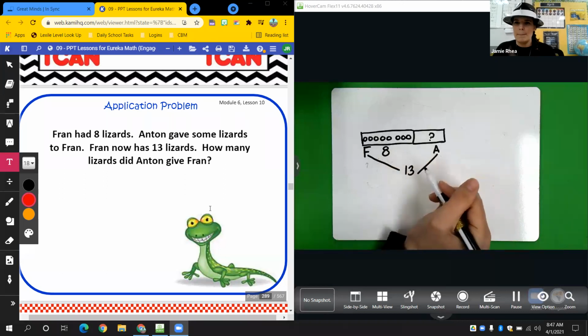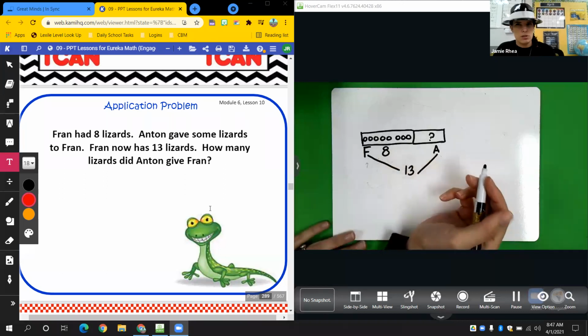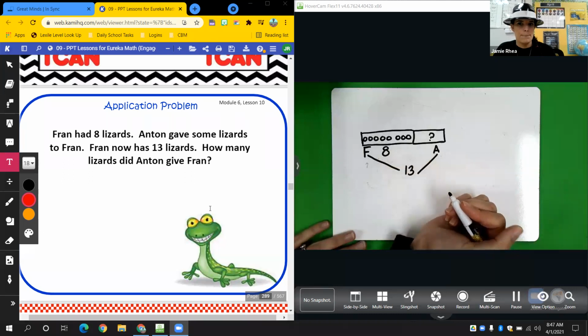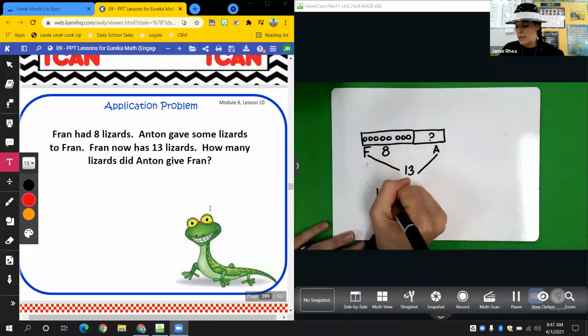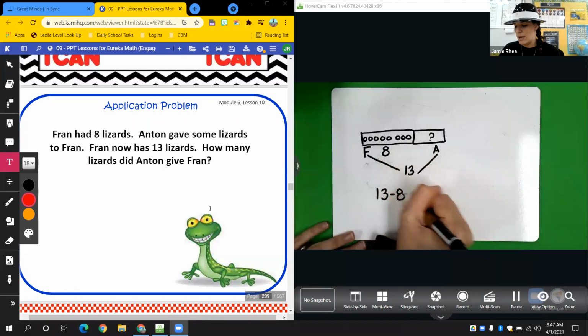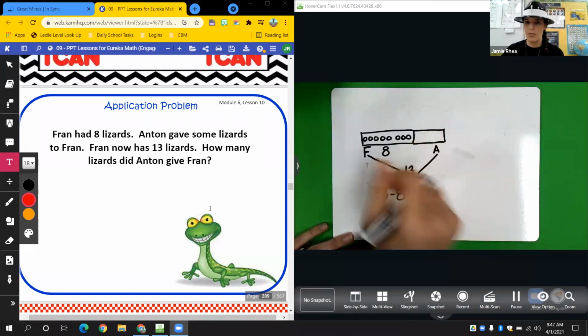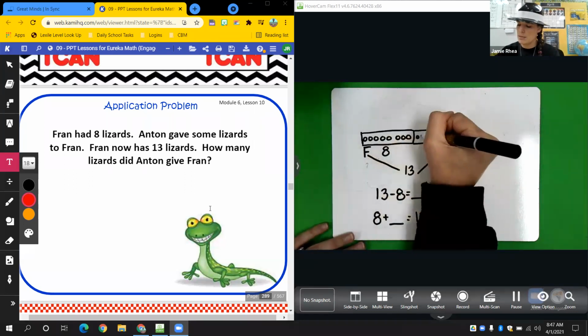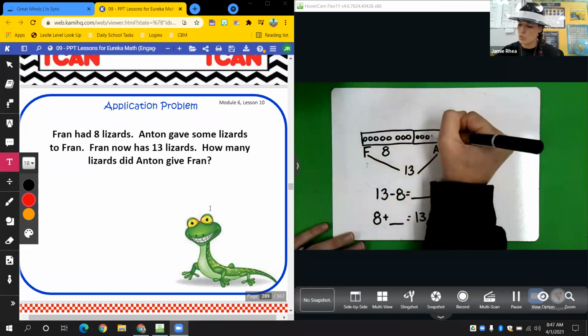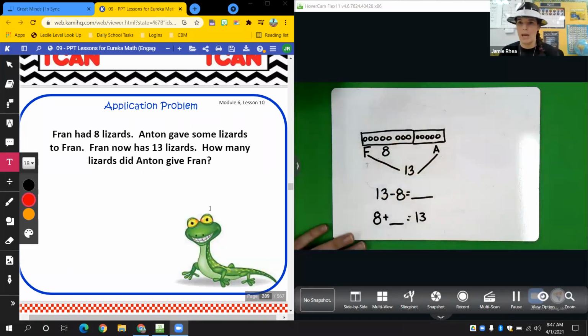So let's think, what's a number sentence we could use to solve this? You could say 13 minus the 8 we already have equals, or you could say 8 plus something equals 13. Okay, so let's do this one first. Well, you know what, let's add first, because we can count on: 8, 9, 10, 11, 12, 13. How many did I add on?